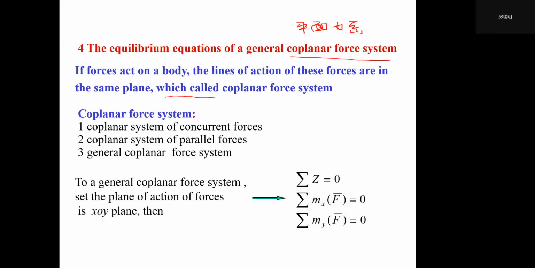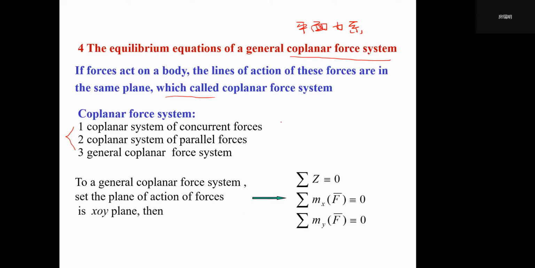So you see, a coplanar force system can be further subdivided into 3 categories. One is the coplanar system of concurrent forces. You can just compare it to a force system in space. So this means the coplanar concurrent force system.